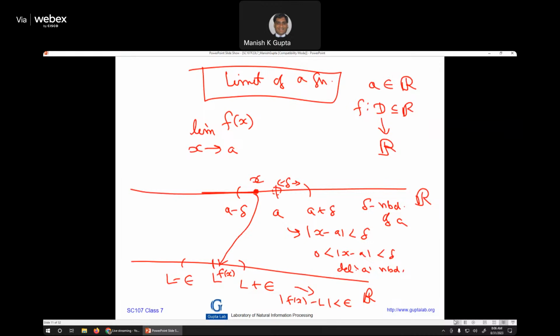So as soon as x approaches the point a, either from the left-hand side or from the right-hand side, its images are in the neighborhood of point L. If this happens, we say that the limit of f of x as x tends towards a is L. Okay, that is the key idea. So this is L.